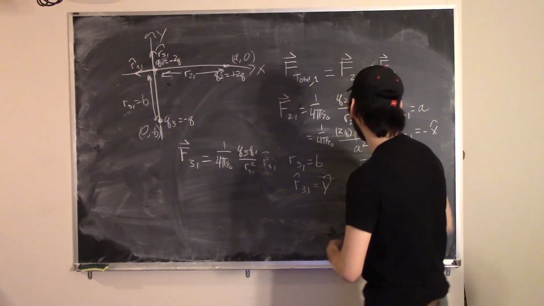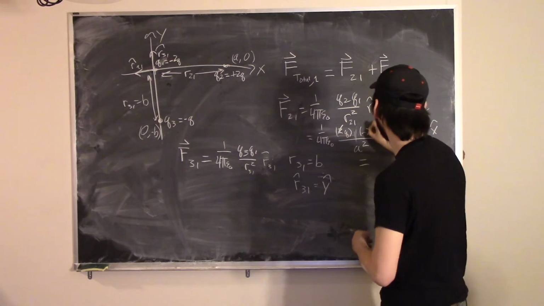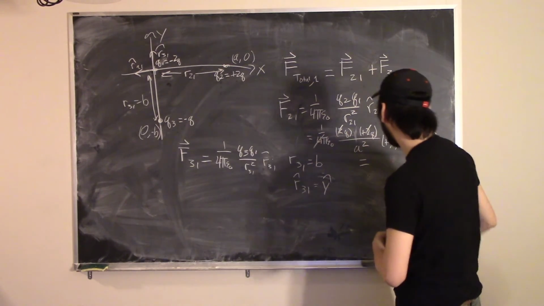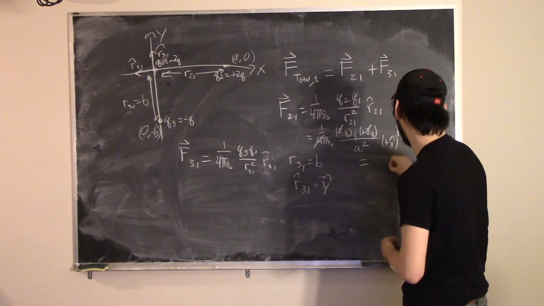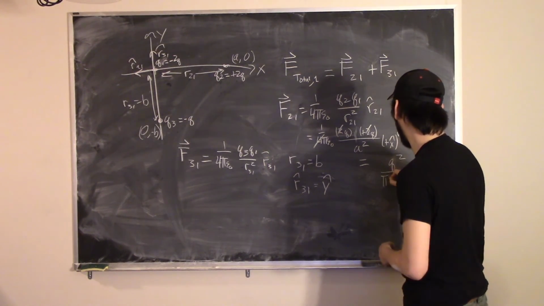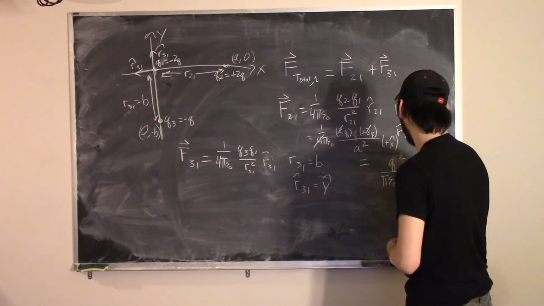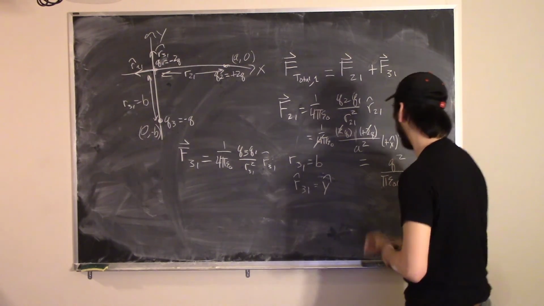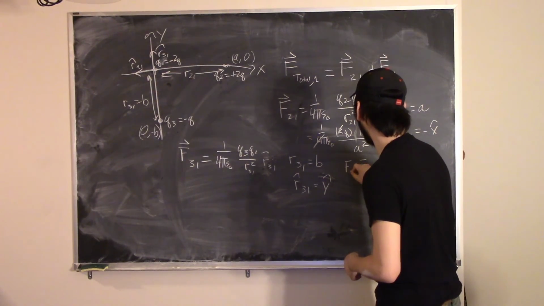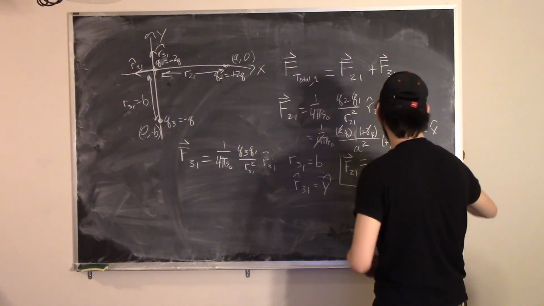We can simplify this a little bit: we cancel a factor of 4 and get rid of the negative sign. So this is Q squared divided by pi epsilon naught A squared times x hat. This is what our F21 is going to be.